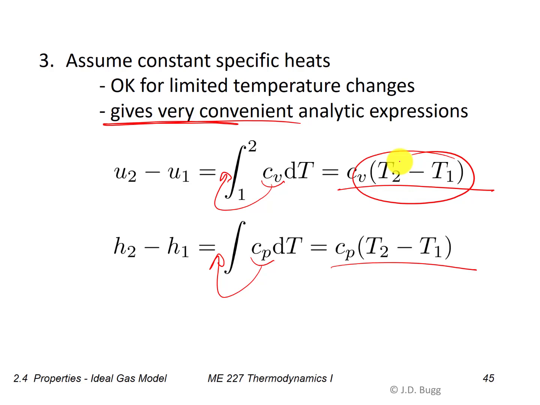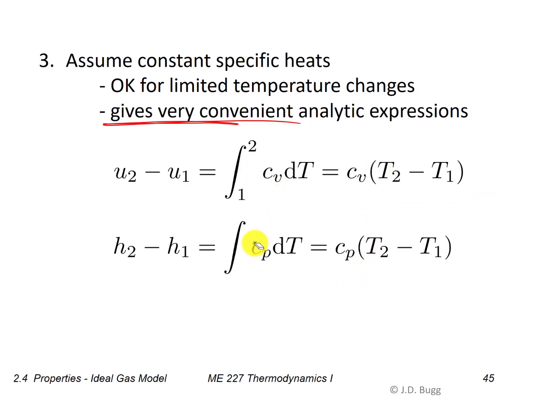However, if the temperature change gets significantly larger than that, then Cv and Cp actually change a fair bit, and we would be more accurate to use ideal gas tables to get U and H directly, or perhaps use the table A21 and integrate the expression for Cp as a function of temperature.